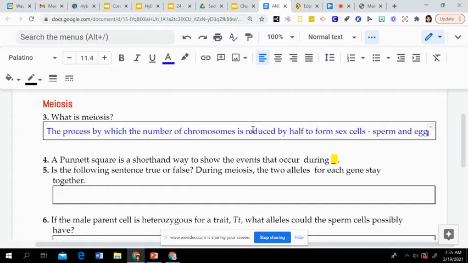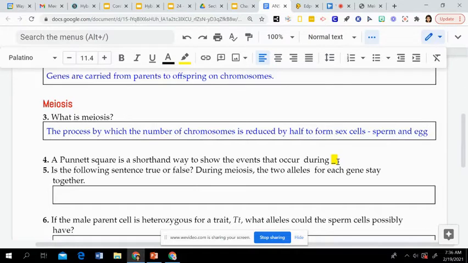Okay, so this allows reproduction to occur and determines if we're male or female and things like that. So a Punnett square then is a shorthand way to show the events that occur during meiosis.